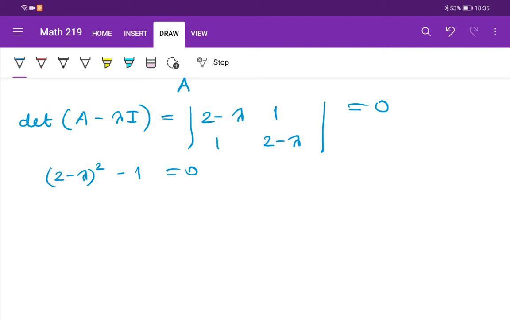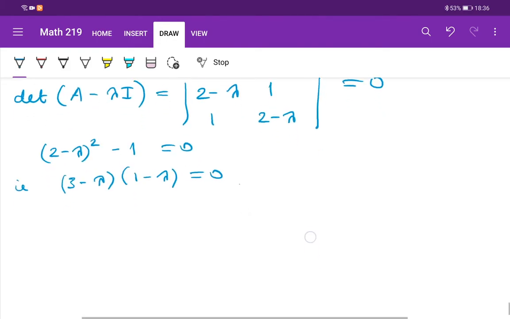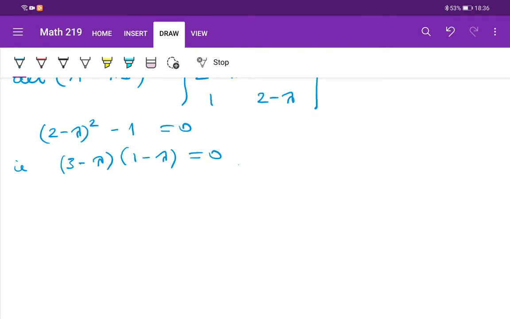And this factorizes. So we can write this as (3 minus lambda)(1 minus lambda) equals 0. Okay, so we have two eigenvalues: lambda 1 equals 3 and lambda 2 equals 1.